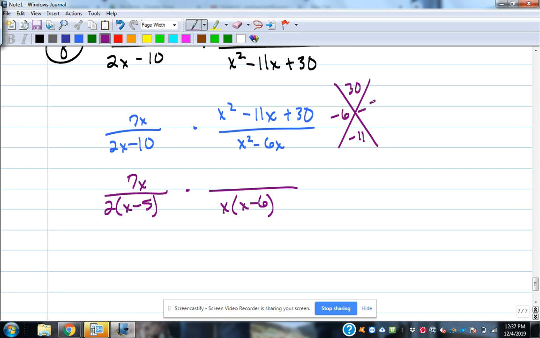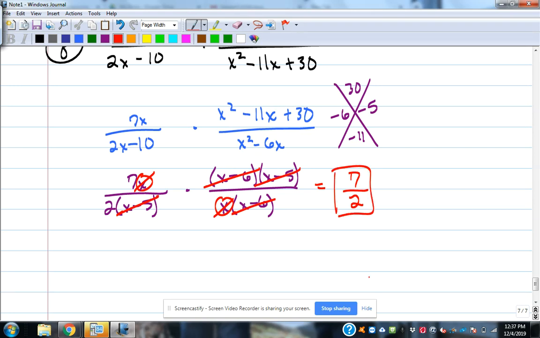Negative 6, negative 5. It'll be x minus 6, x minus 5. All that mess to get 7 over 2.